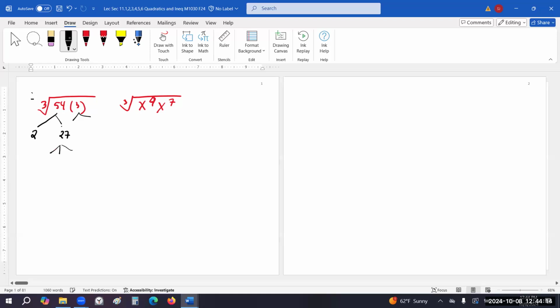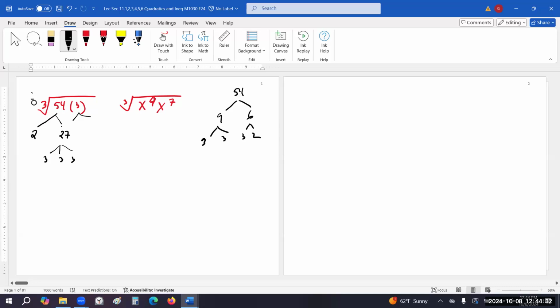So 27 is already 3, 3, 3. If you don't see 27, no problem. You can see 9 and 6. Why do the same thing? 54 is 9 and 6, but split them more: 3, 3, and 3, 2.